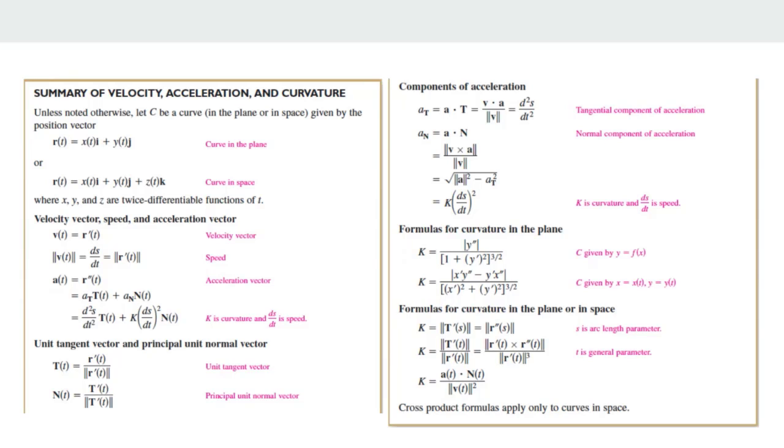And then this, I think this is something called a Frenet frame. This is one of the Frenet formulas for the binormal.